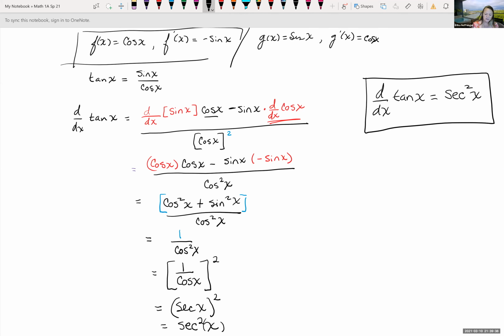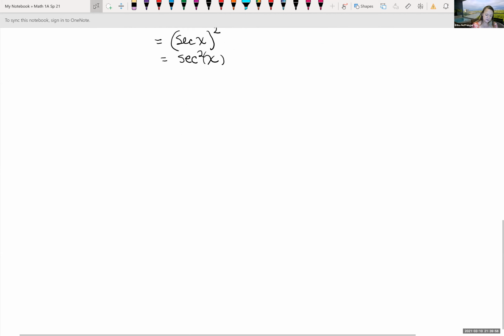So all of the other trigonometric functions, again, can be derived by using the quotient rule. If we look at our other trigonometric functions, cotangent of x can be rewritten in terms of sine and cosine. That's the same thing as cosine of x over sine x.